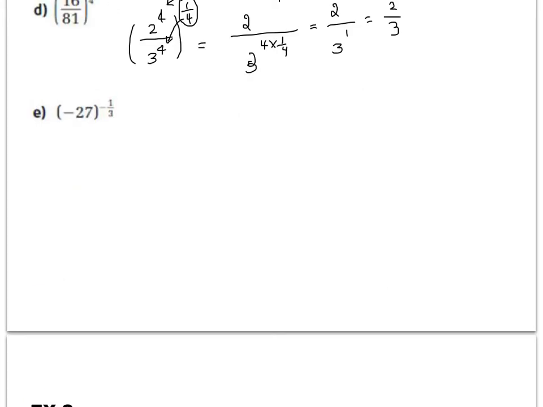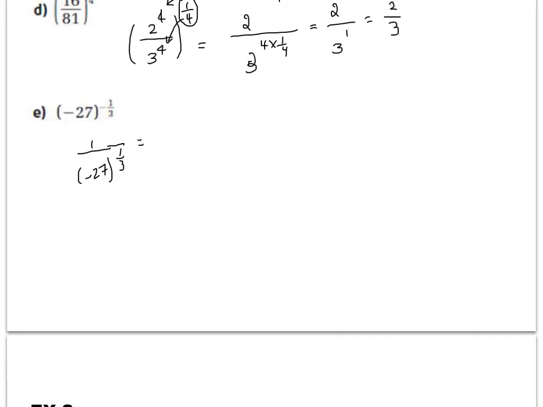The next example is negative 27 exponent negative 1 over 3. Again, by definition, I can write this one as 1 over negative 27 exponent 1 over 3. Remember, with negative exponents, I can flip it and it changes the sign of the exponent.